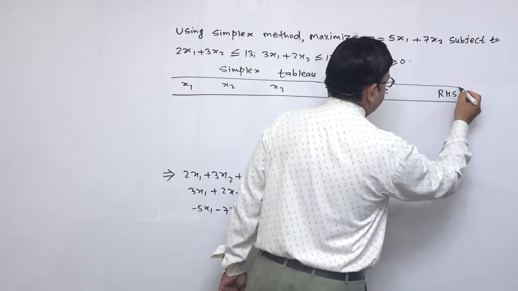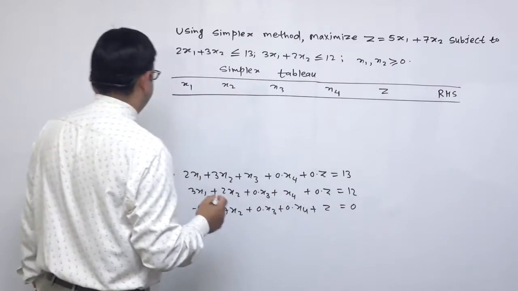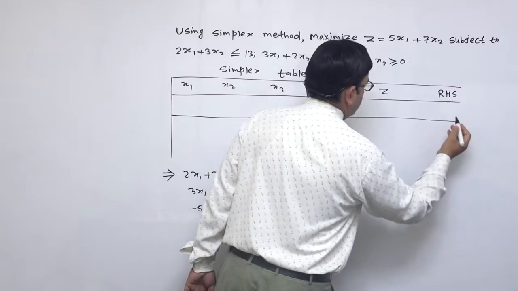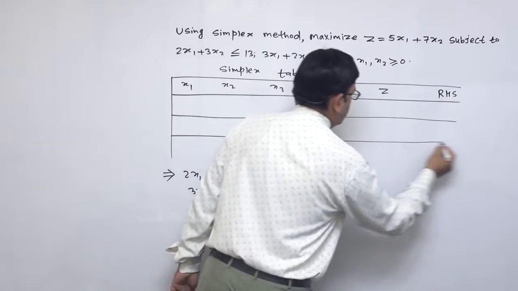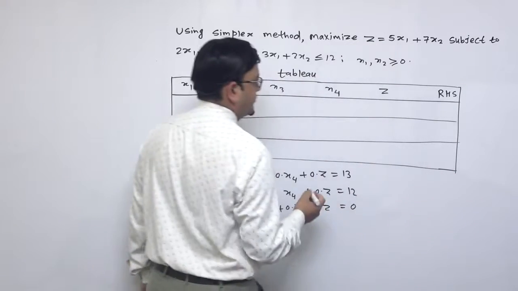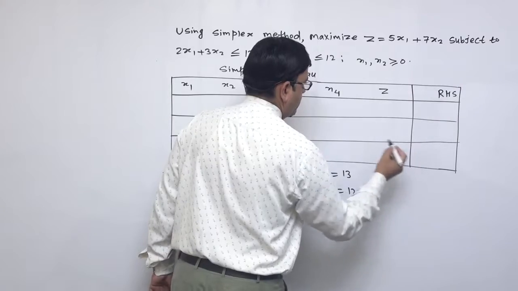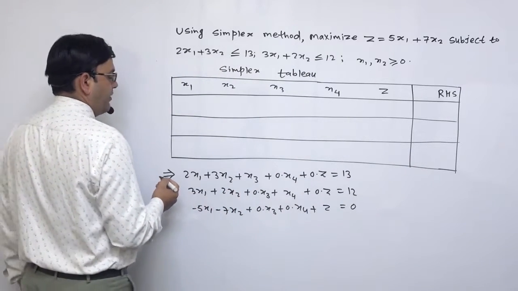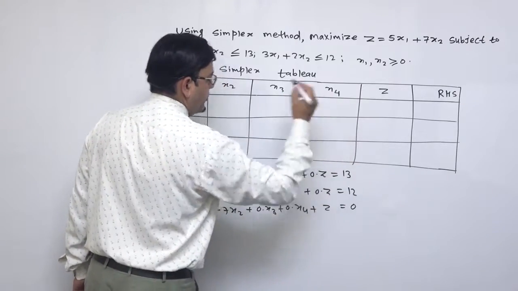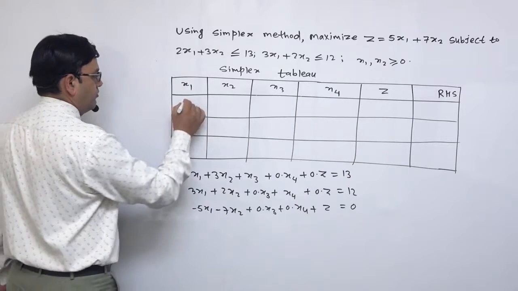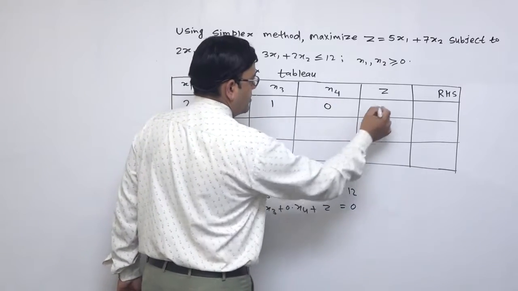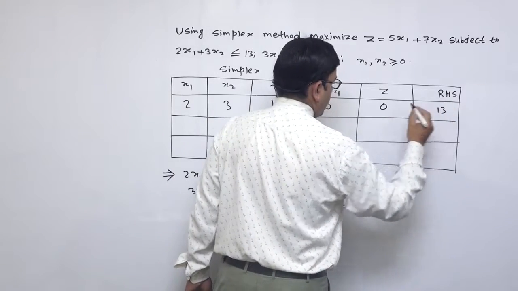Now here, whether we draw the lines or not does not matter much. Okay, let's look here: x1 is 2, x2 is 3, x3 is 1, x4 is 0, z is also 0, and RHS is 13.